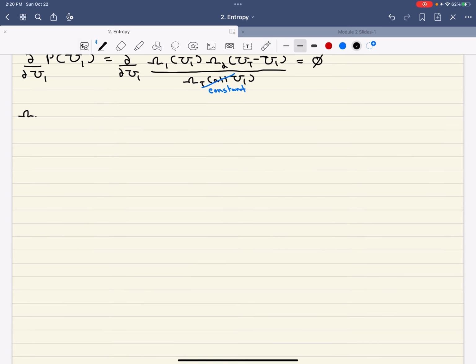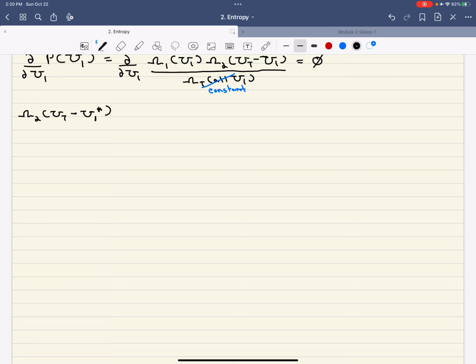So we have to apply the product rule. I'll use the star here to indicate the most probable value of U1.